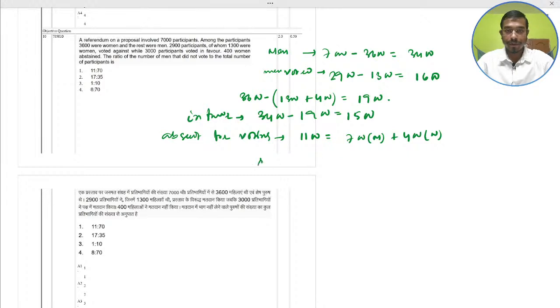So the ratio, this would be what? The number of men who didn't vote, 700, and the total number of participants, 7,000. So 1 by 10, simple. 1 by 10 would be the answer. 1 by 10 means option 3 would be the correct one.